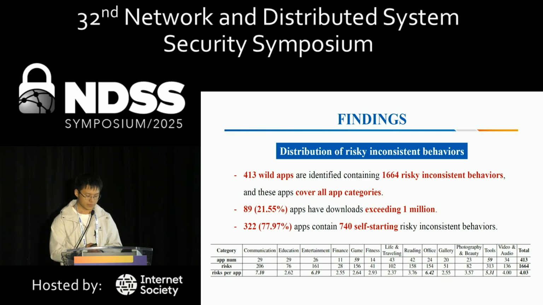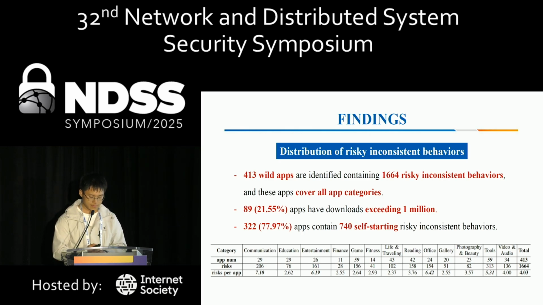We extensively collected apps from the Android market and identified 413 web apps containing 1,664 risky inconsistent behaviors. They cover all app categories. Among them, 89 apps have over 1 million downloads, potentially affecting millions of users.